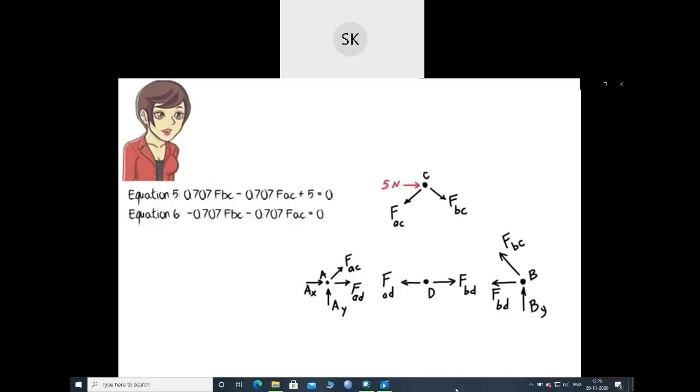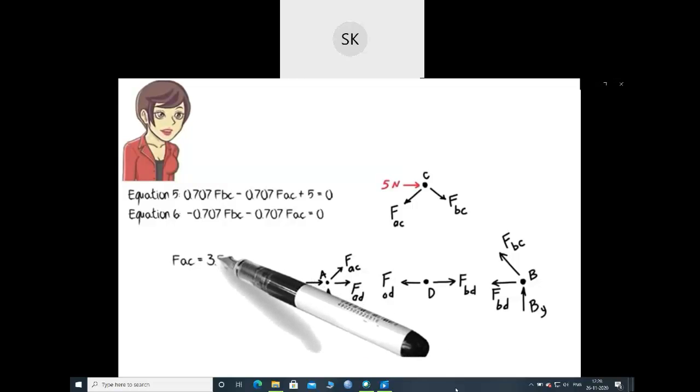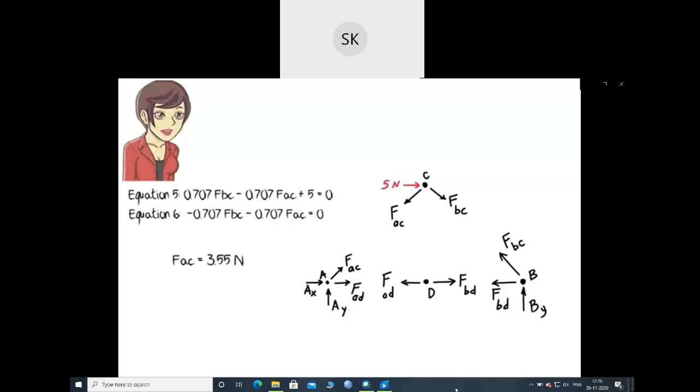Solving them for FAC and FBC, we get FAC equals 3.55 newtons. FBC equals negative 3.55 newtons.